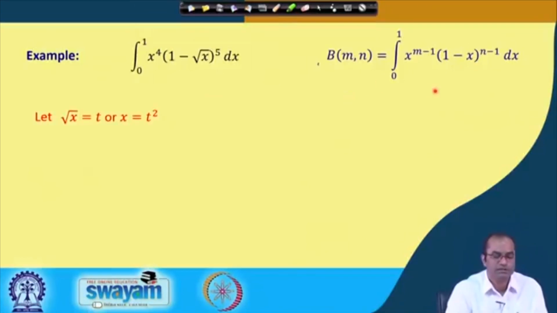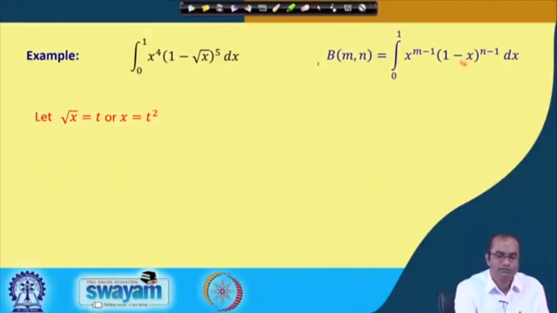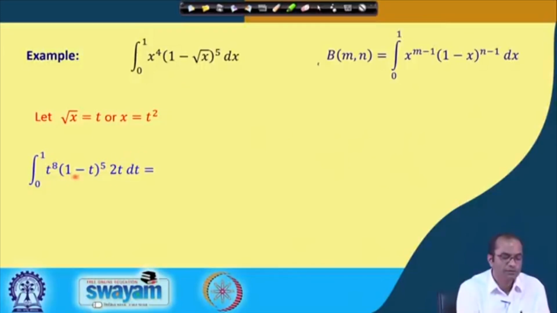For instance, if we take square root x as t, we get 1 minus t, which we want in order to see the beta form. That means x is equal to t square. So, this will become t power 8 and 1 minus t power 5, and dx will become 2t dt. So, this is t power 9 and 1 minus t power 5 dt.